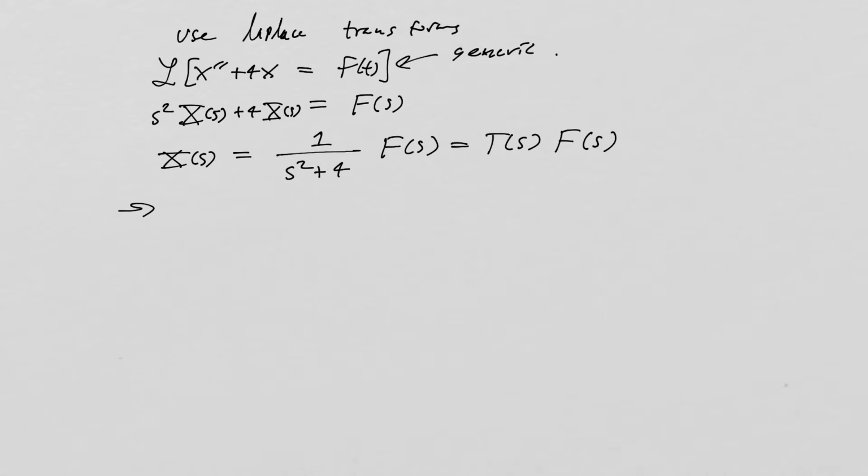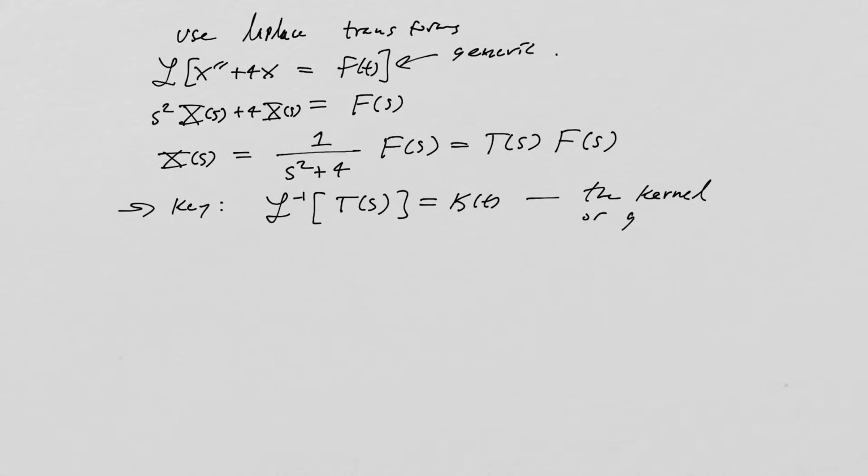So the key here, of course, is we're going to find the inverse Laplace transform of the transfer function, which we're going to call kappa of t, and that's the kernel, or Green's function. Those are the two words we often ascribe to that.